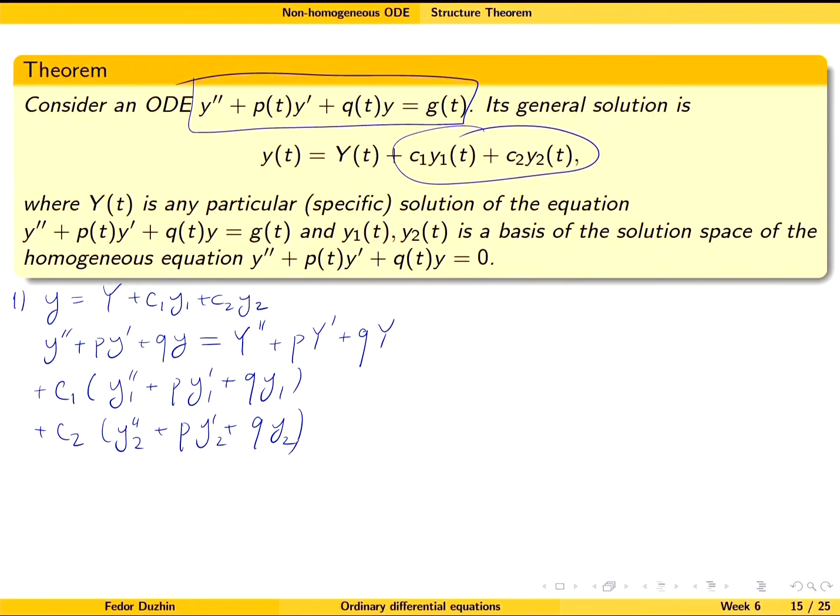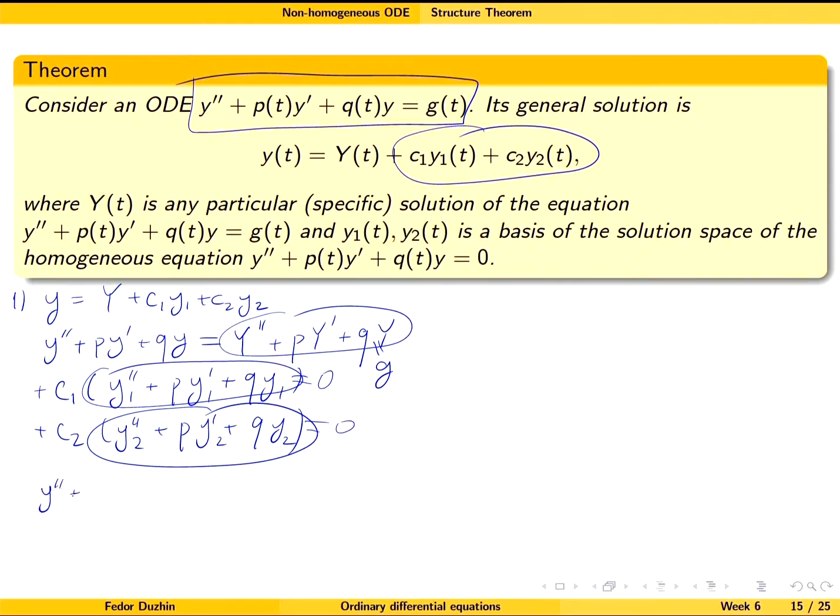Well, notice that we know y capital is a specific solution of the non-homogeneous equation, so this is g. But y1 and y2 are solutions of the homogeneous differential equation, which by definition means that this is 0 and this is 0. And therefore we get y double prime plus p y prime plus q y is g of t, which is exactly what this part is about, right?